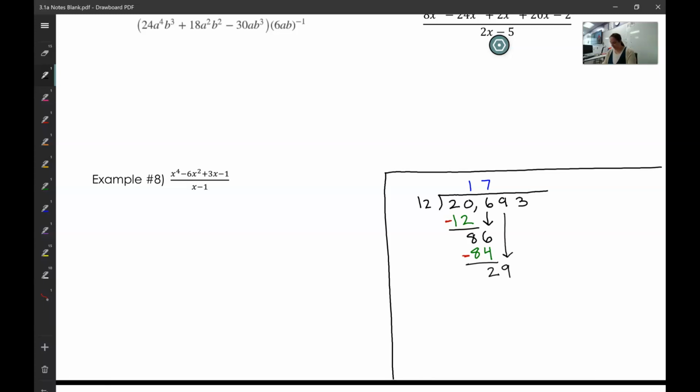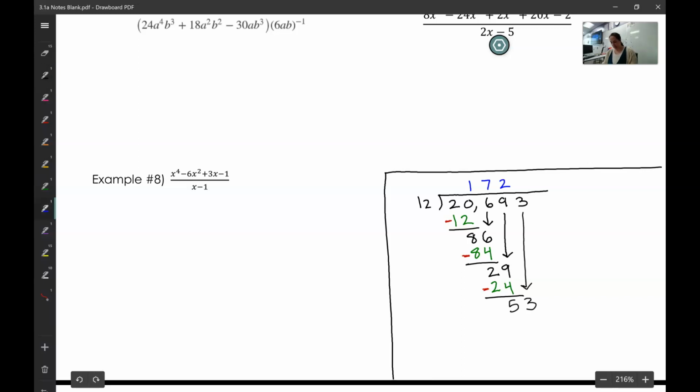12 goes into 29. How many times? Twice. Multiply, 12 times 2 is 24. Then subtract, 29 minus 24 is 5. Bring down your 3. 12 goes into 53.